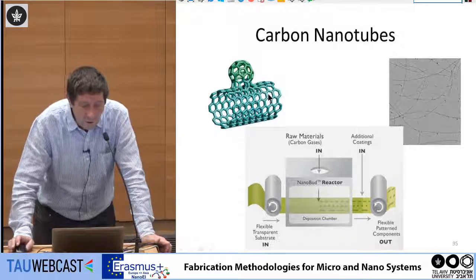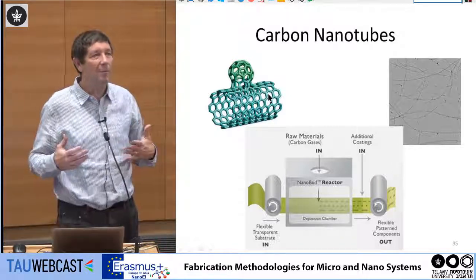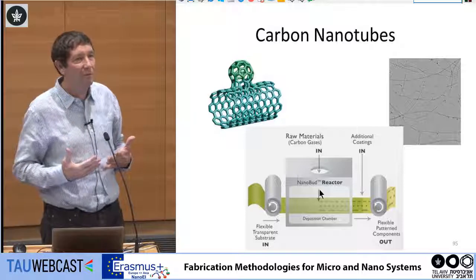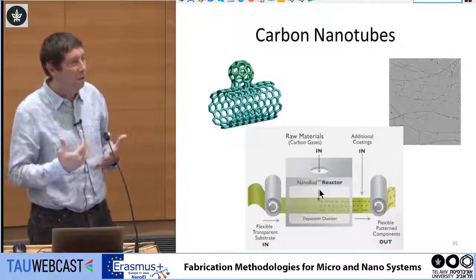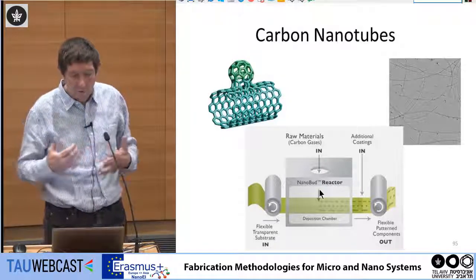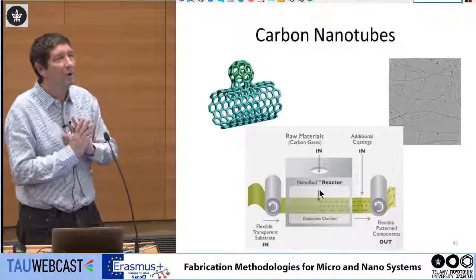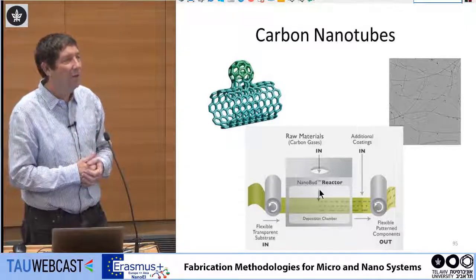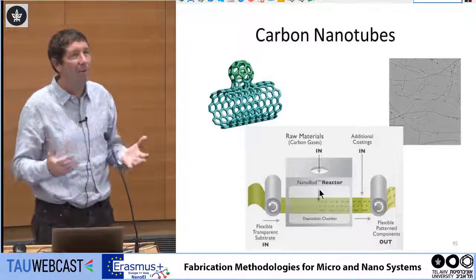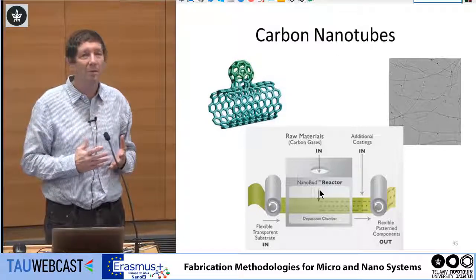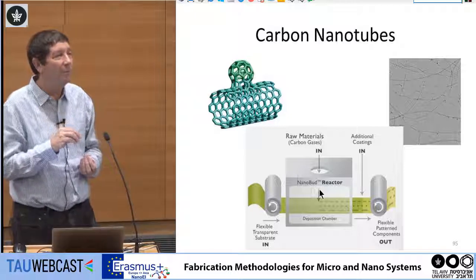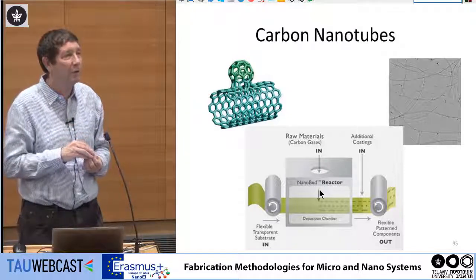You work under conditions where the carbon is being deposited. This is chemical vapor deposition of carbon nanotubes. I will not go through the details of how they actually grow, but you insert the gas, apply temperature, and the carbon is deposited in a very unique form called carbon nanotubes.